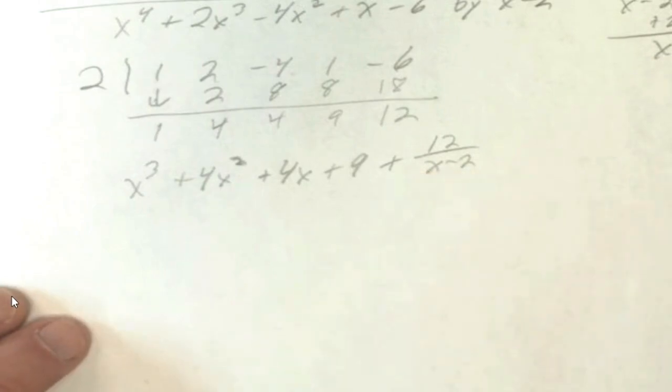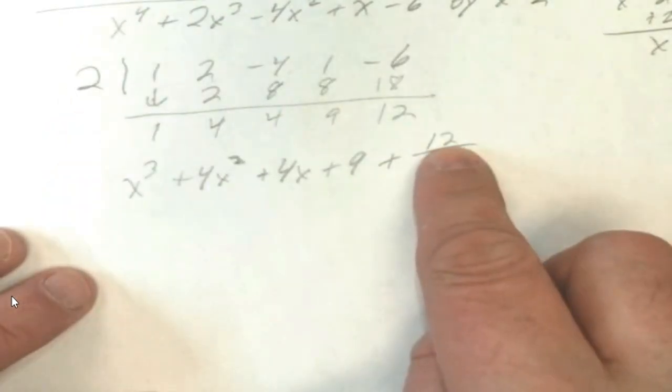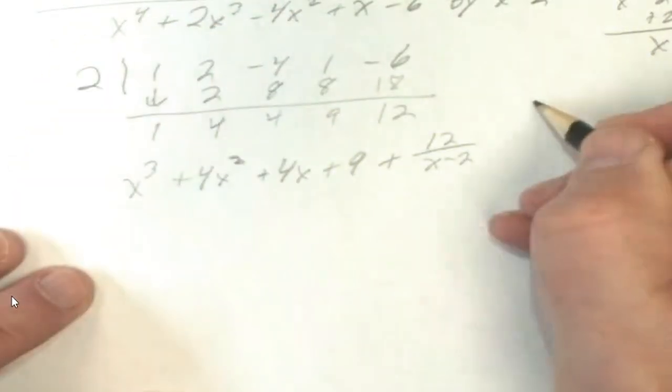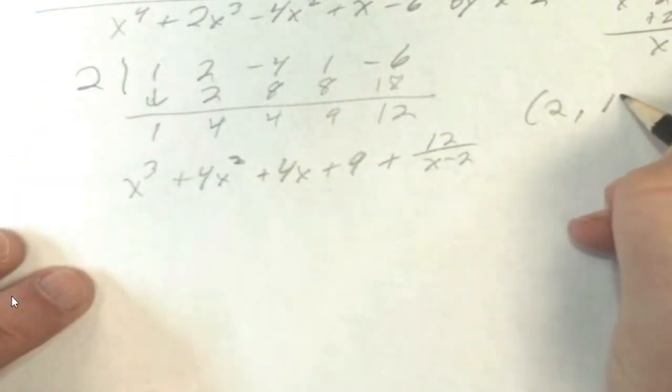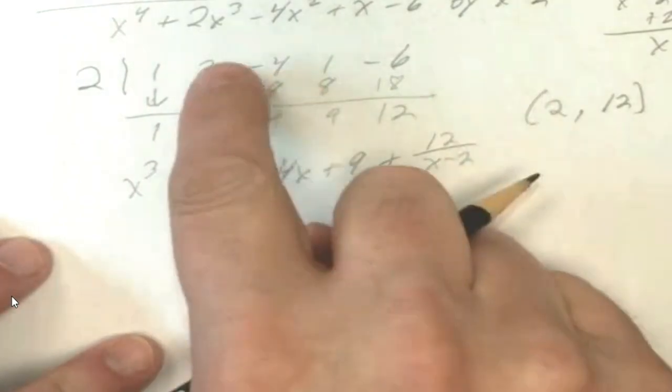Now, there's a theorem here that tells us one thing, that if we graph this, since this is the remainder, the point (2, 12) is on the graph of this function. What?